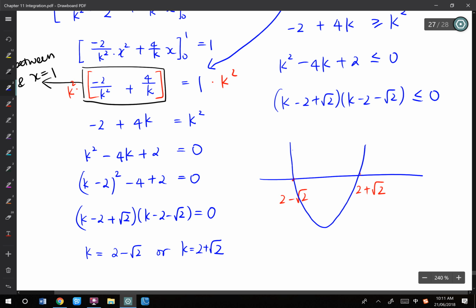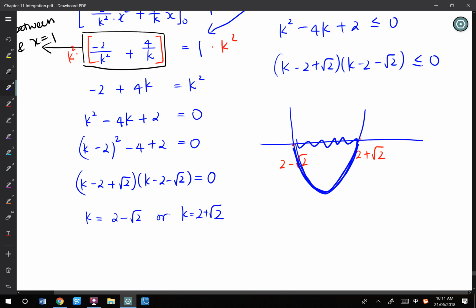I want this thing to be less than or equal to 0, which is everything below the x-axis, therefore the x I can take is all the values here, and they're all positive. So k belongs to 2 minus root 2 to 2 plus root 2, because it can be 0. I can take both endpoints.